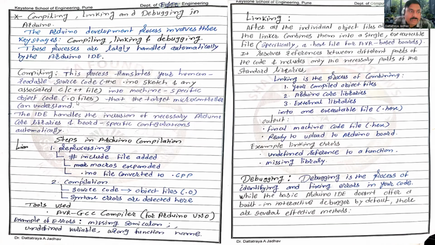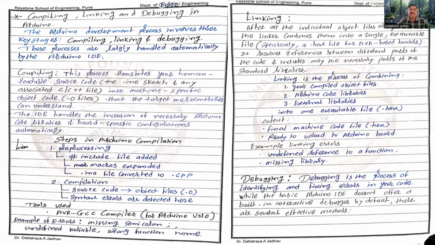So the compiler is used to convert your human-readable file into machine-level language or machine object code, the .o file, that the target microcontroller can understand. So the microcontroller will understand that language, the object file.